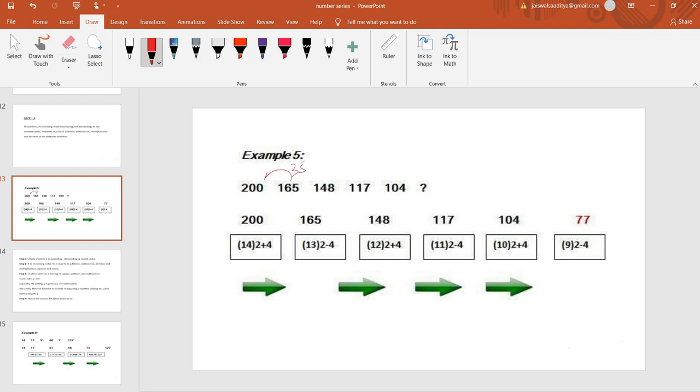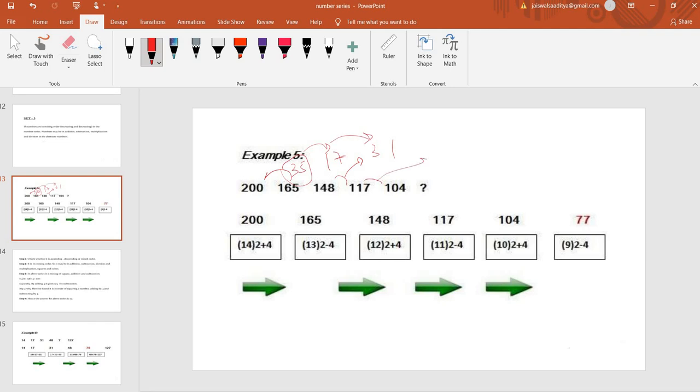And if we subtract 148 from 165, we will get 17. Now if we subtract 17 from 148, we will get 31. See, this is 35, this is 17, then again it increased to 31.